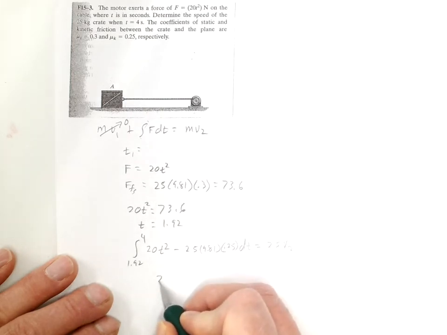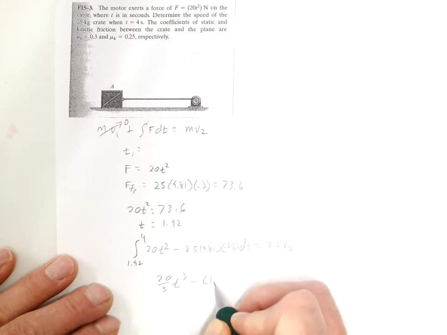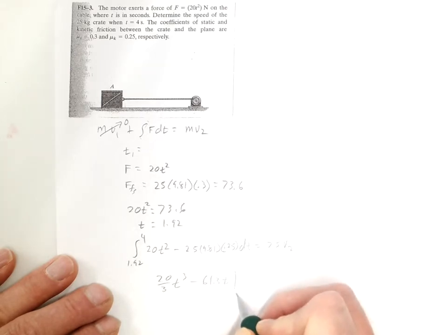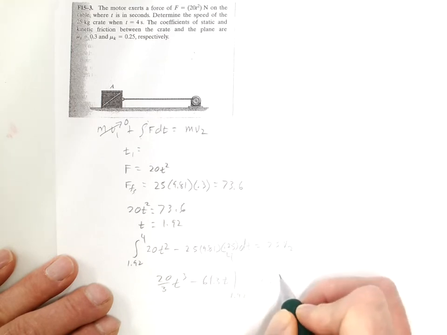So now we have 20 thirds t to the third minus 61.3t from 1.92 to 4 equals 25 v2.